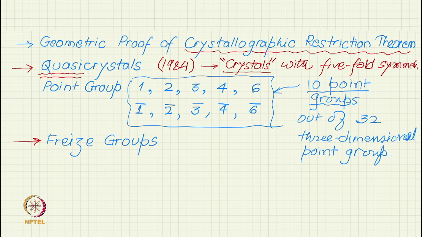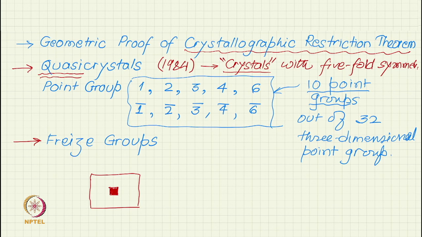The symmetry of a square is more than 4, we will see, because it has mirrors also, but if you are only thinking of rotation, ignoring mirror reflections and so on, the rotational point group symmetry is 4, but it is a finite object, it is not a crystal.